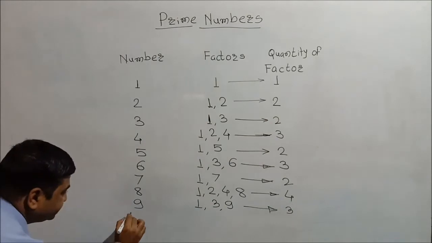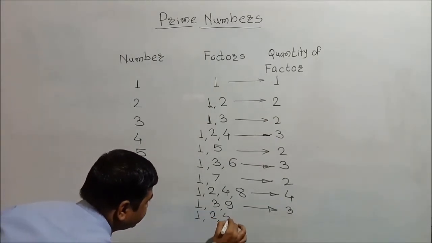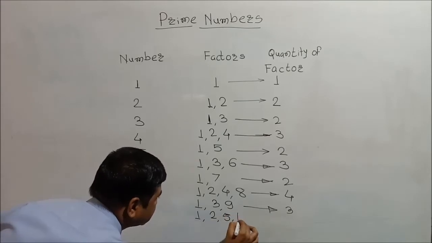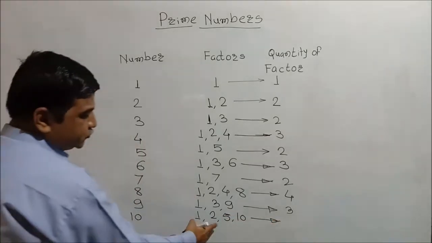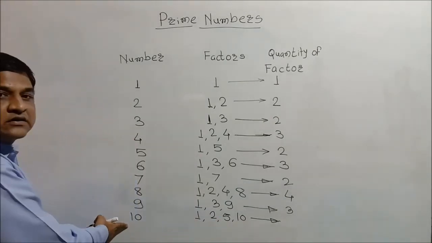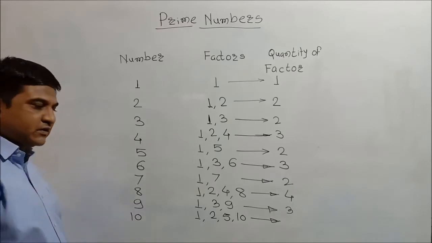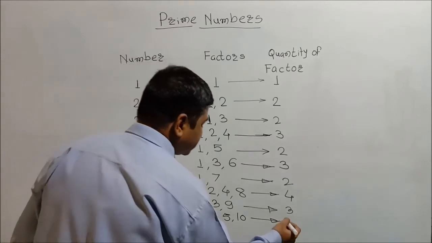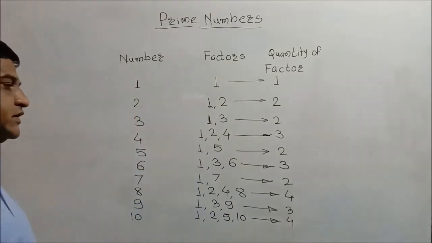What about 10? 10 can be divided by 1, 2, 5, and 10. They are the exact or perfect divisors of 10. They do not leave any remainder behind. So we got the number of factors in this case as 4.